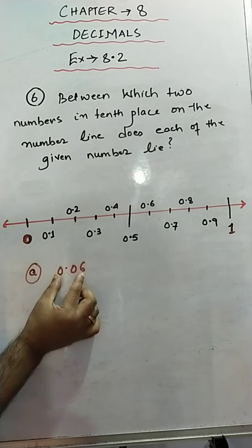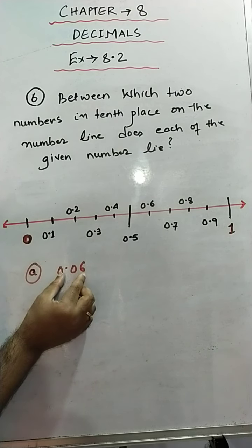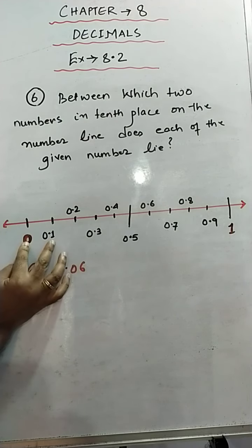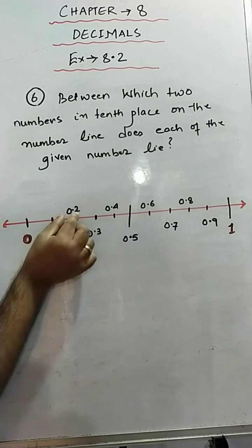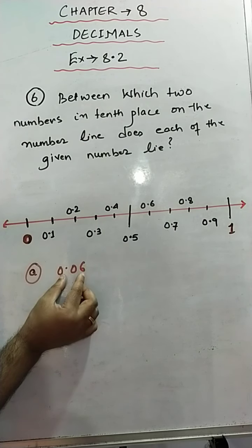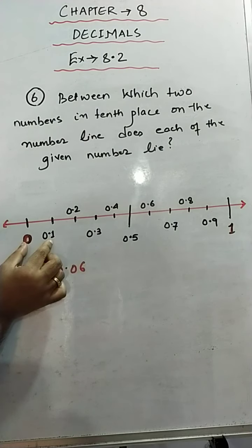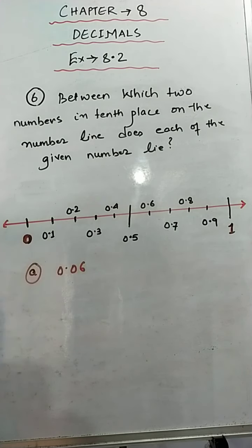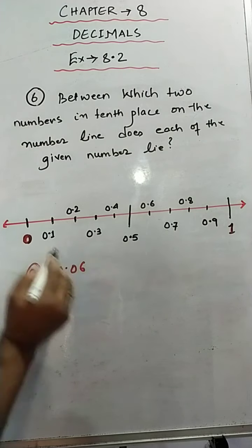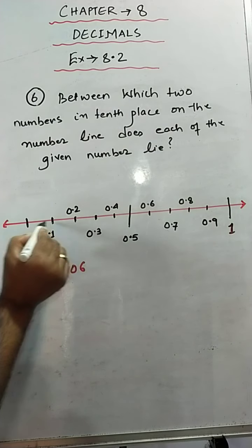So just carefully observe and try to say that this 0.06 will lie between 0 and 0.1, or 0.1 and 0.2. Okay, so you see in which two tenth numbers: in between 0 and 0.1. So 0.06 will lie between these two numbers, isn't it?